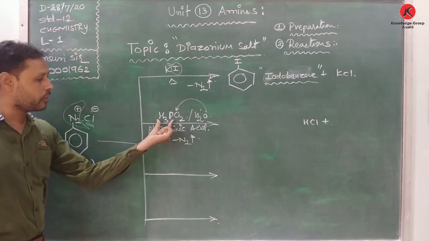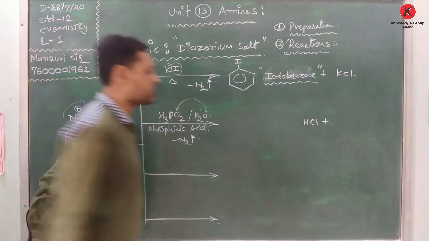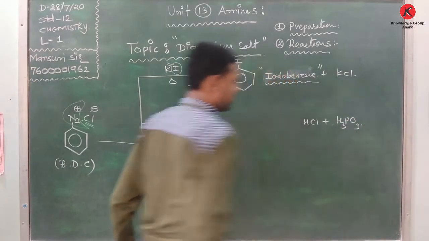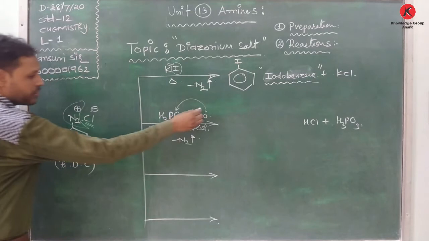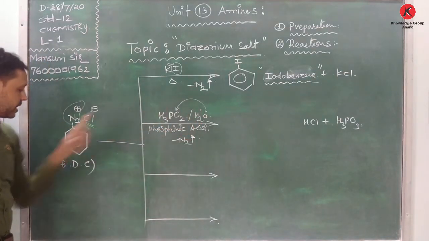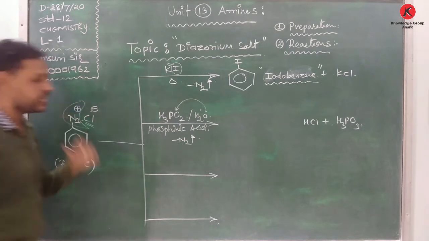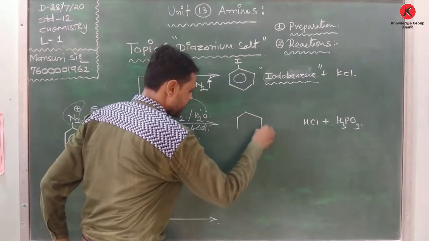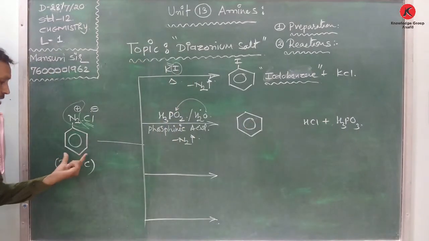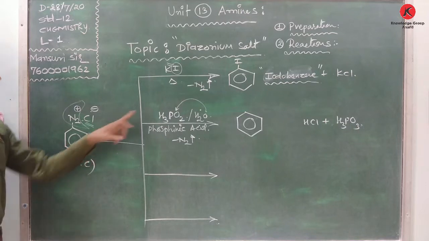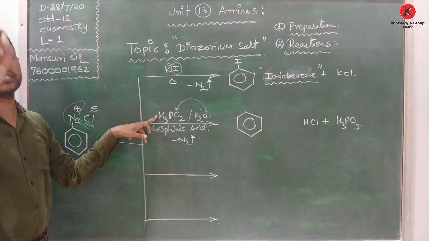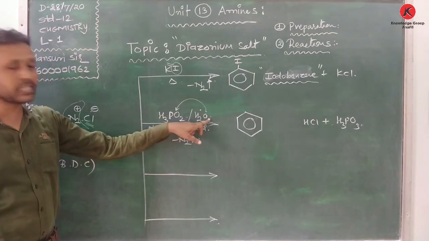So, H3PO2 will now be converted into H3PO3. Now, one hydrogen which is the remaining part will be attached to this ring and forms benzene. So, by this reaction, benzene is obtained.